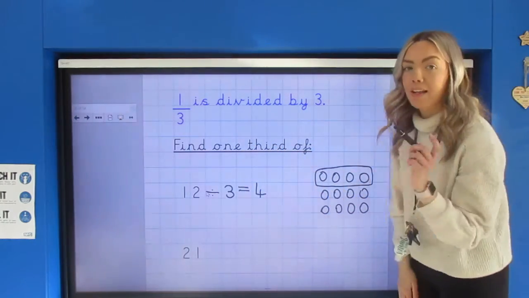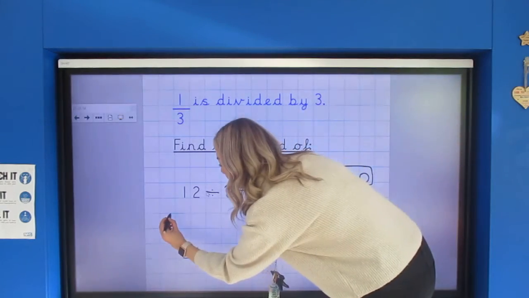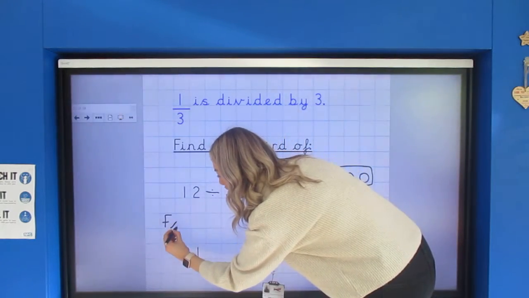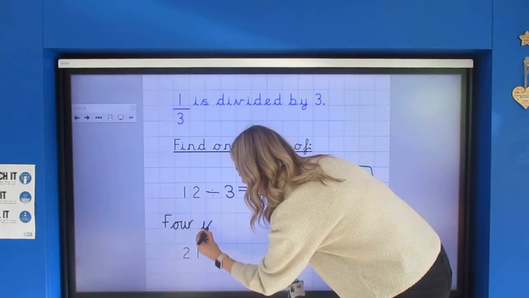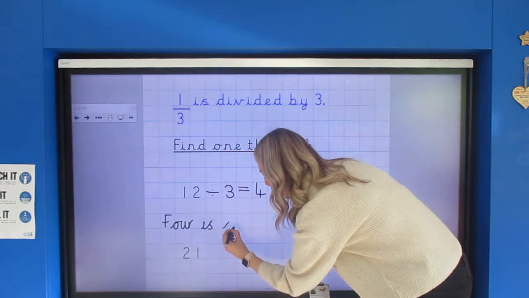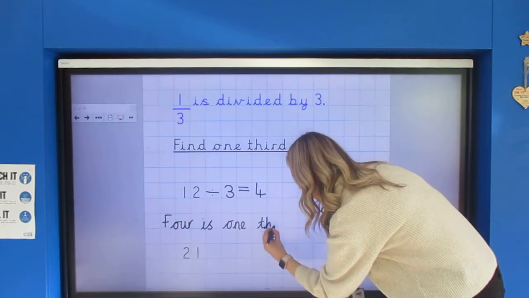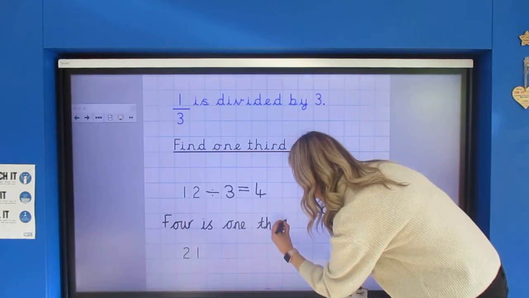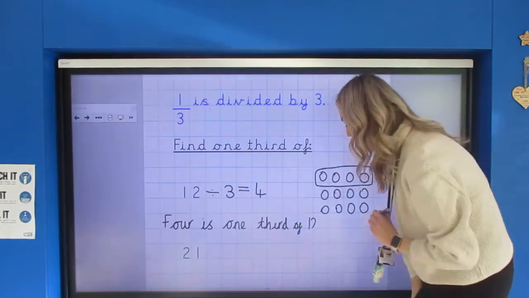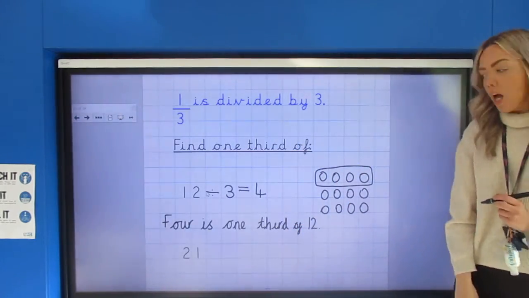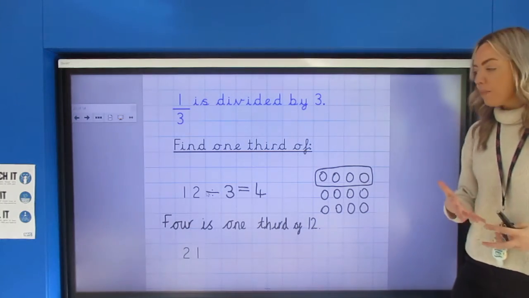And we're going to write that now as a word sentence, okay? So 4 is 1/3 of 12, okay?